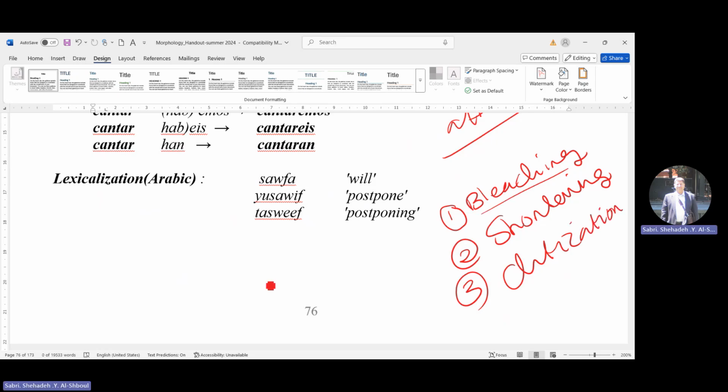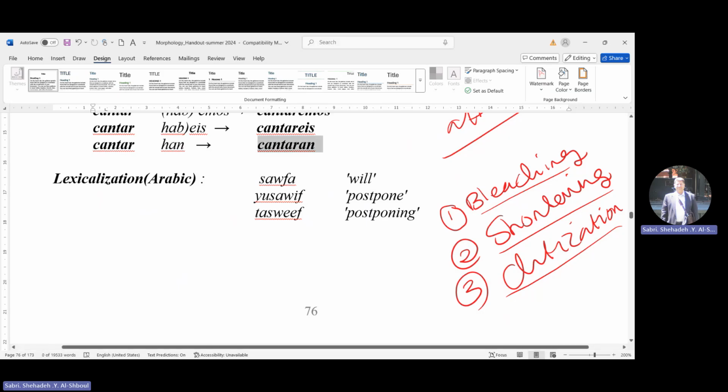So here we have bleaching, a desemanticization. After being desemanticized, it is subject to shortening. After being shortened, it is subject to cliticization because it cannot stand by itself. So these reflect the historical or diachronic change that the notion of grammaticalization can represent in the language.